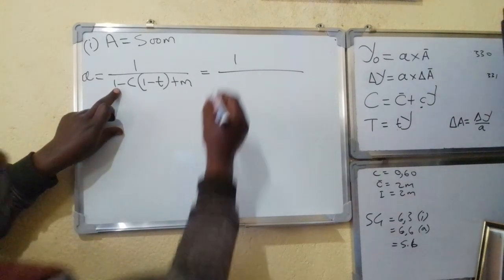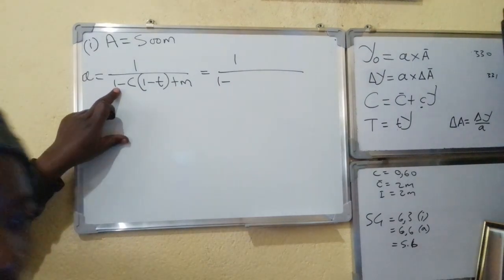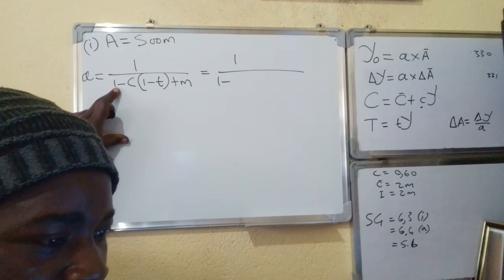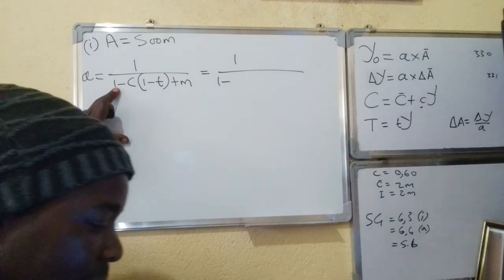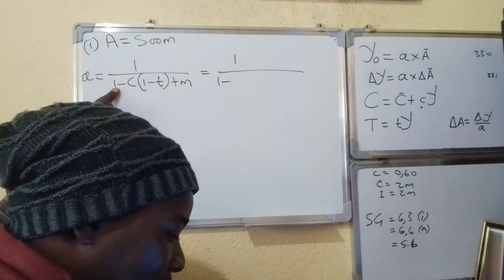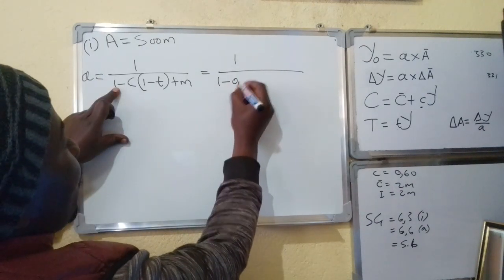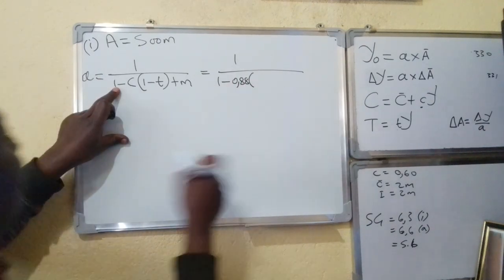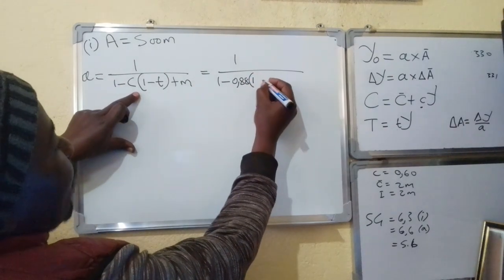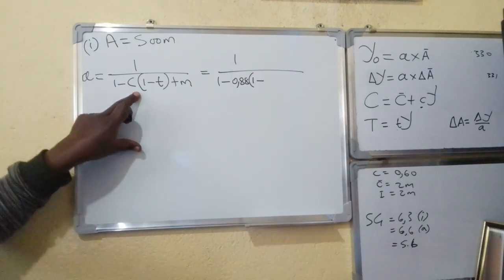1 minus our little c, marginal propensity to consume. It's 8 over 9. I want a decimal. 8 divided by 9. It's 0.88. And then I have my bracket here. And then I have my 1, and then I have minus, and then I want my tax.